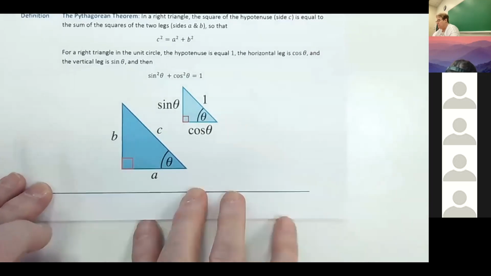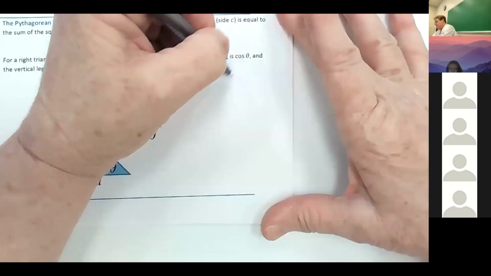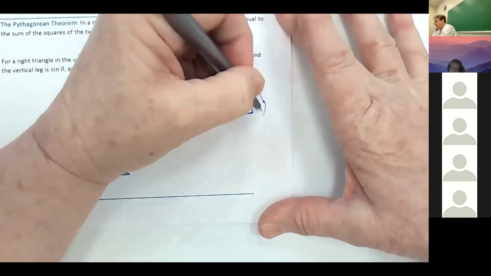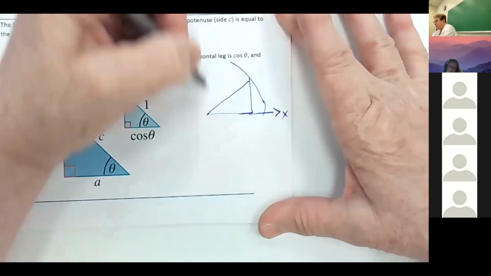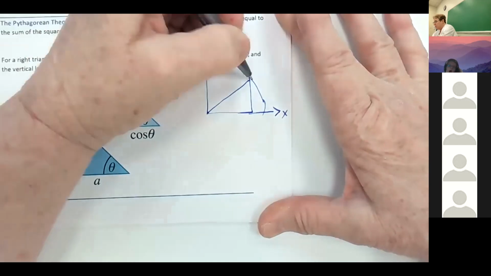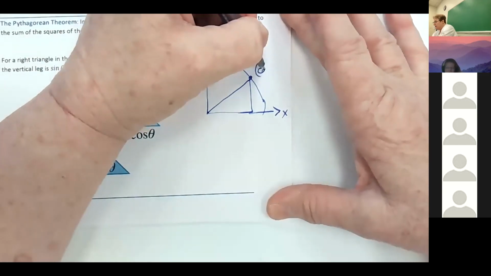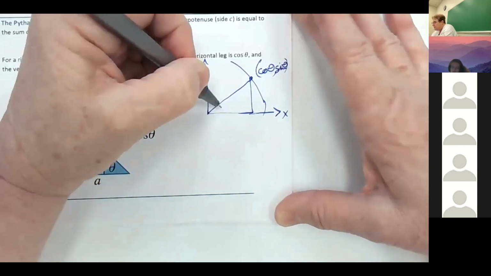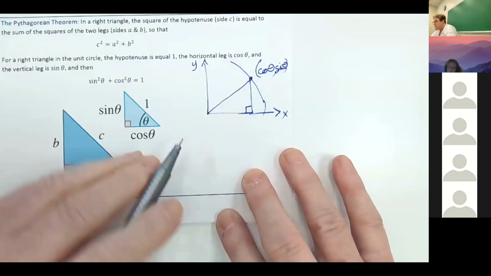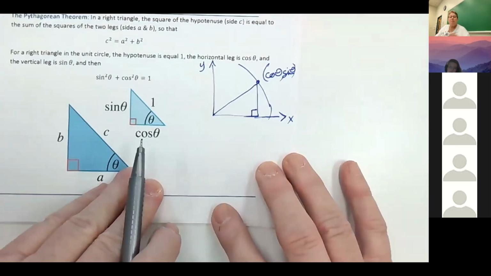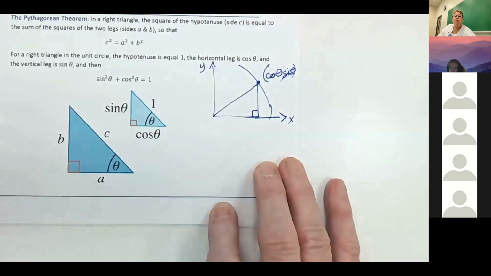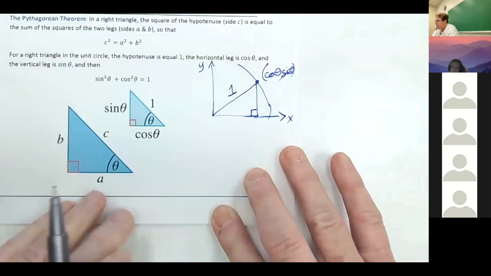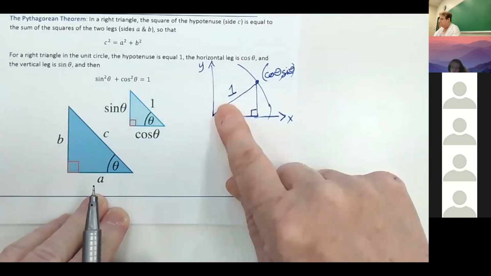Well, if we put our right triangle in the unit circle, so that the first coordinate is cosine and the second coordinate is sine, we know that the hypotenuse of the unit circle is 1.